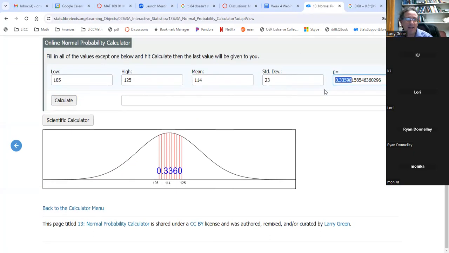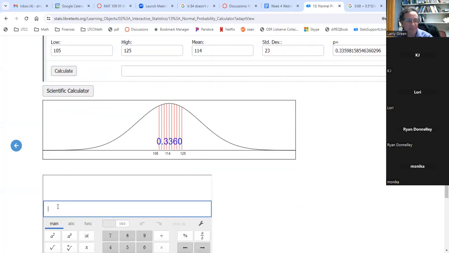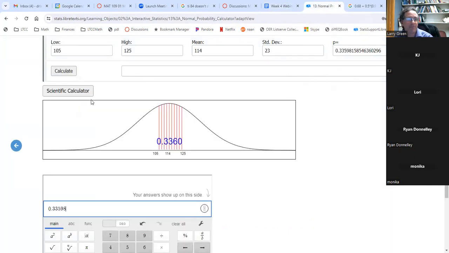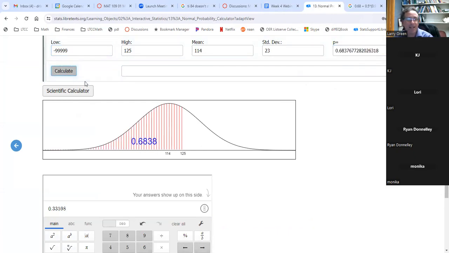I'm going to copy that. And now I'm going to go to my calculator. I'm going to paste it in just so I don't lose it. And then I want to divide by the same thing, but now my low is negative 99999. Everything else is the same. So I go negative 99999. P is now blank. I hit calculate.